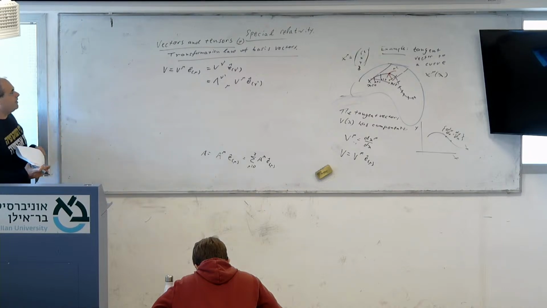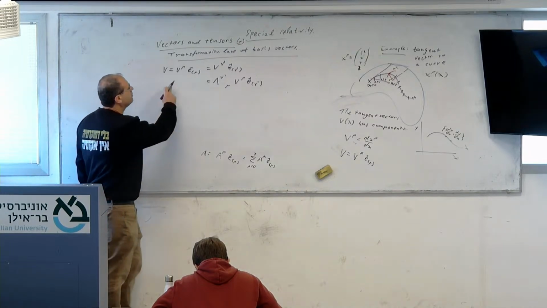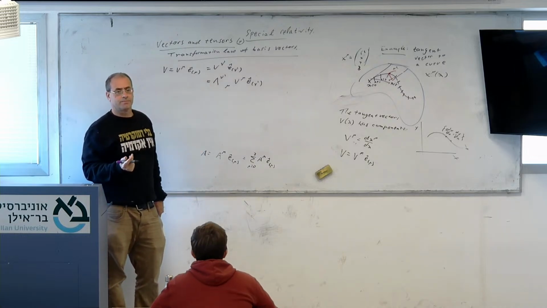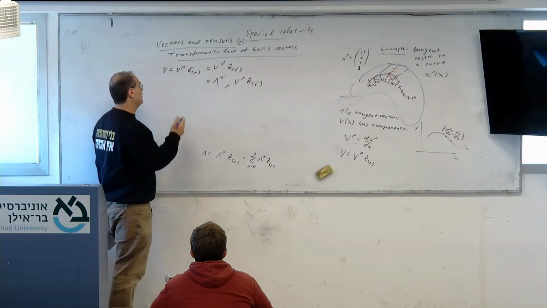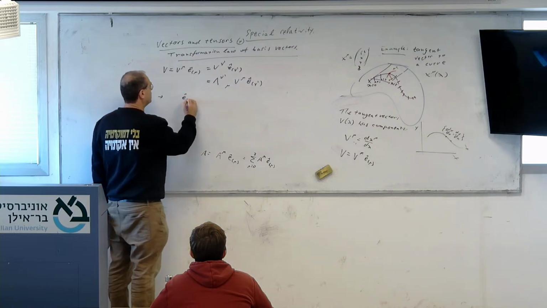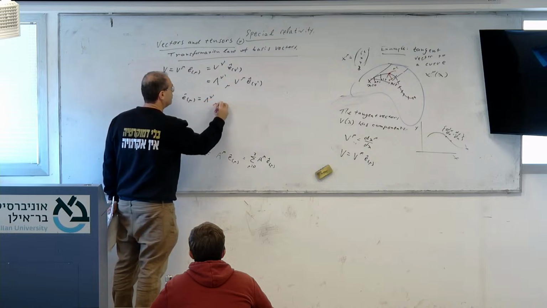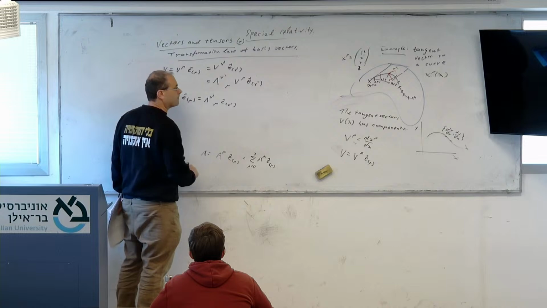Of course, this is true for any component v mu, which means what? Then obviously e mu must be equal to lambda mu prime mu e mu prime.